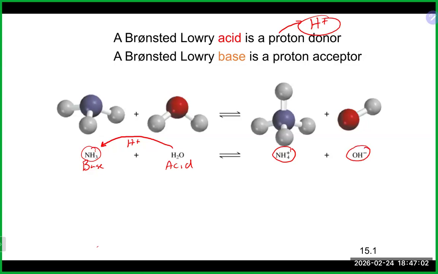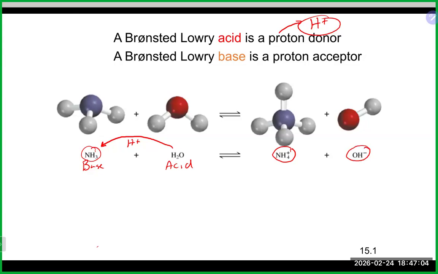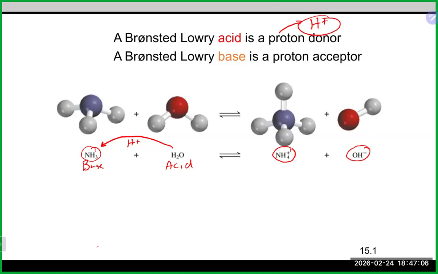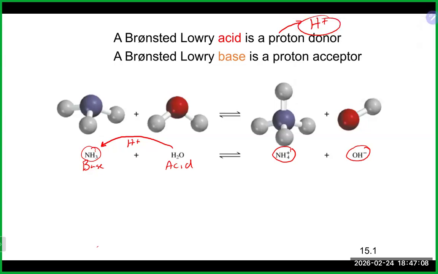A consequence of the Bronsted Lowry definition is this: it actually will create partners on opposite sides of the arrow. So our base over here is related to this guy on the right-hand side, and on the right-hand side, this would be known as the conjugate acid.